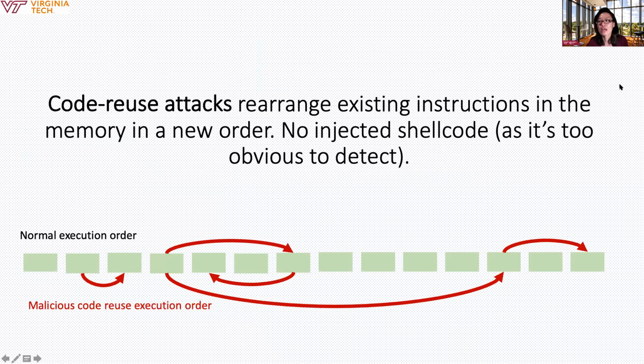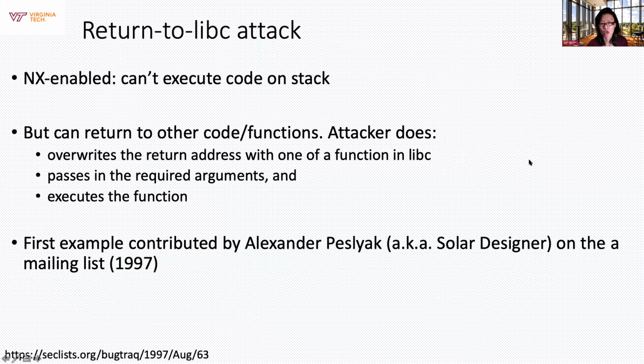Code reuse, as we said last time, is an attack that does not require new injected code, but is a rearrangement of existing instructions in the victim computer, in the victim program, in the process memory, in ways that benefit the attacker.